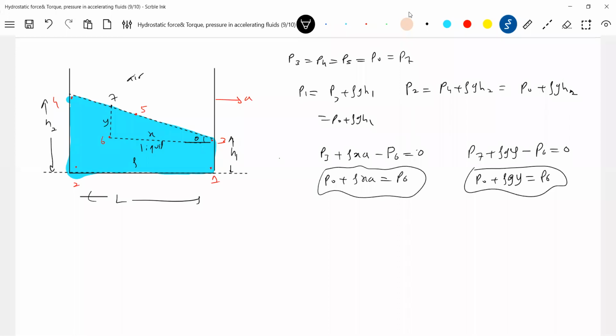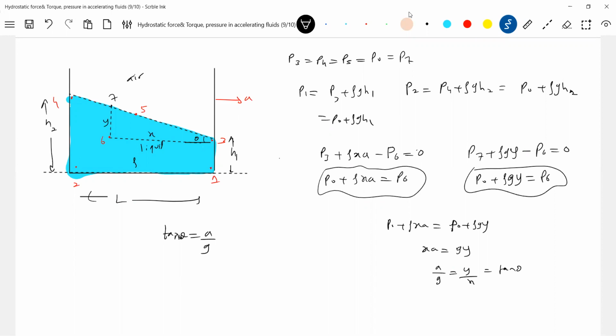What is tan theta? Let me check it. Tan theta should be a by g. This we know. Let me equate these two. So x a is equal to g y. So a by g equal to y by x. So this should be equal to tan theta. Nothing wrong, no?